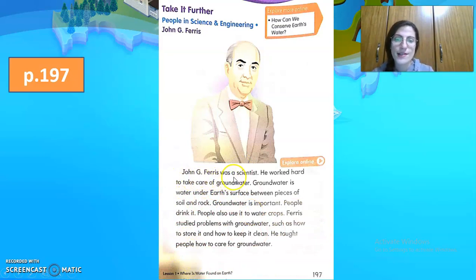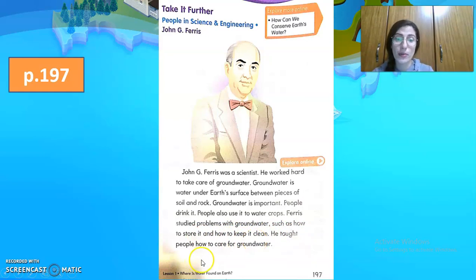John G. Ferris was a scientist who worked hard to take care of groundwater. Groundwater is water under Earth's surface between pieces of soil and rock. Groundwater is important. People drink it. People also use it to water crops. Ferris studied problems with groundwater, such as how to store it and how to keep it clean.